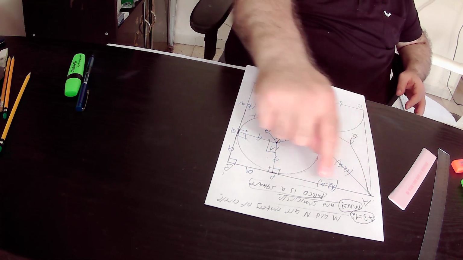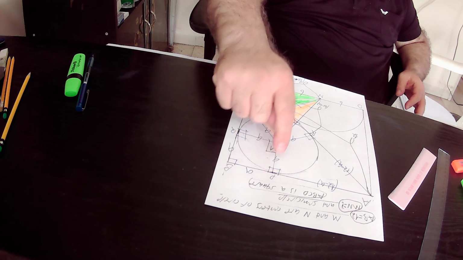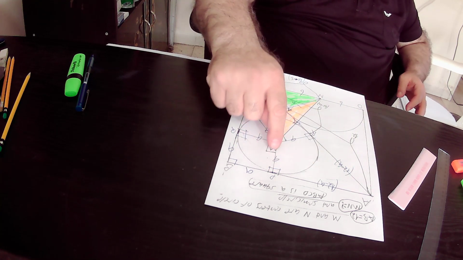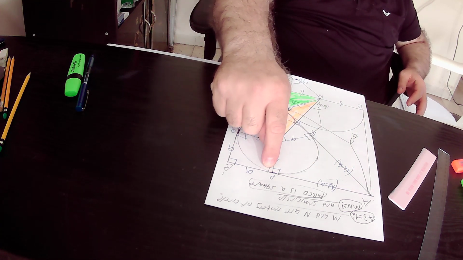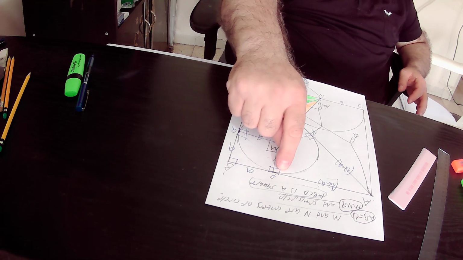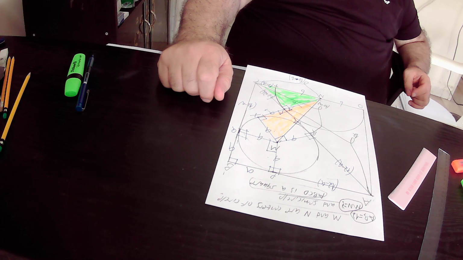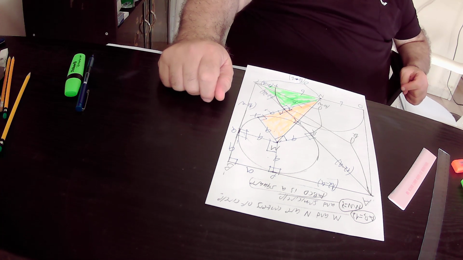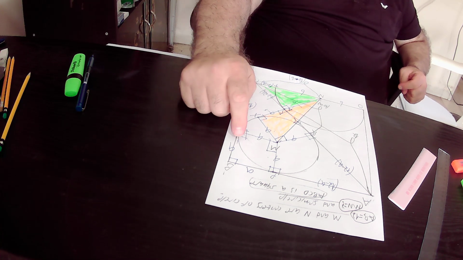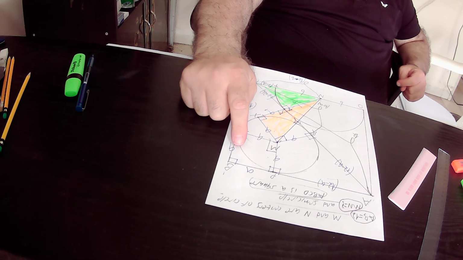In this case, tangent AB will be perpendicular to the radius PM, that is to say this angle equals 90 degrees, and this angle will be also equal to 90 degrees. And we know that all the angles inside the square are right angles, therefore angle ABC in square ABCD must be equal to 90 degrees.